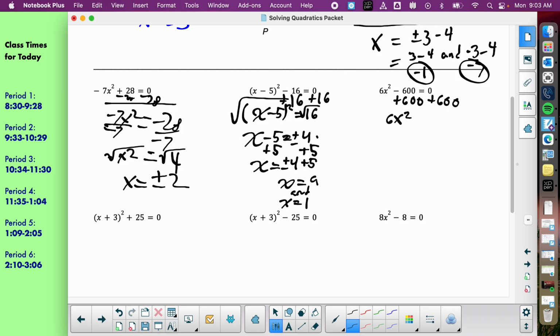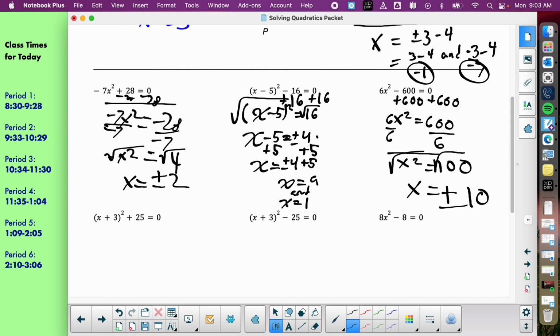Minus 4, 5, so we got 9. Okay, first two that are up there are correct so far. Plus and minus 2 is the first answer. Second answer, 9 and 1 is correct. And then the third one, plus or minus 10 is correct.